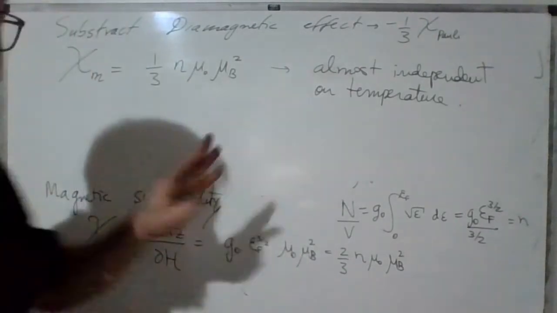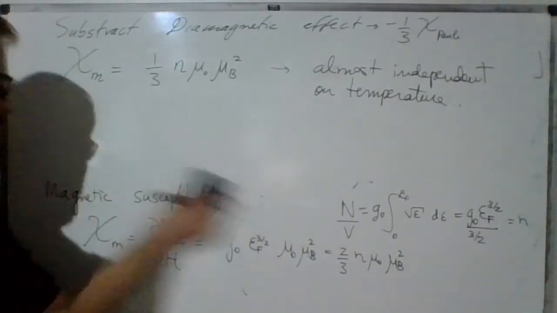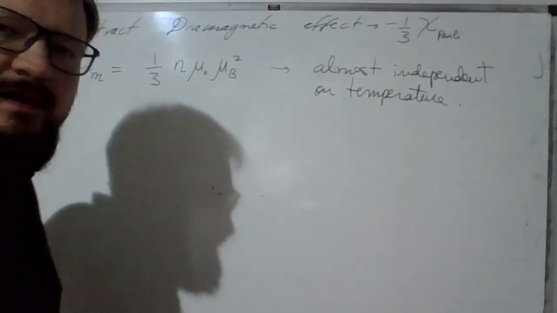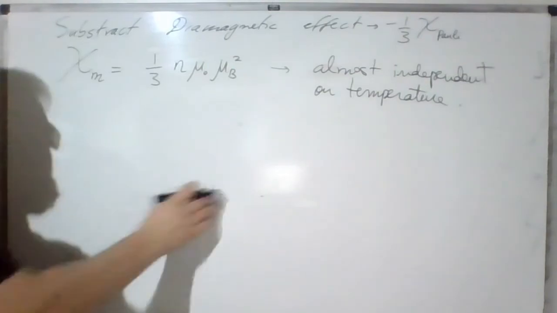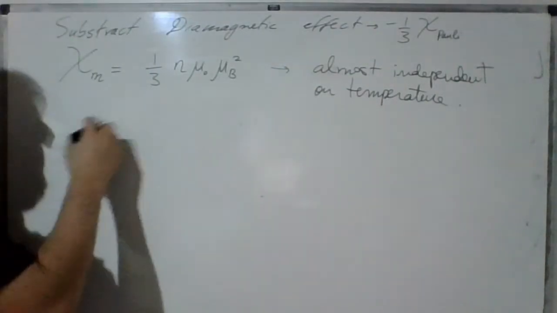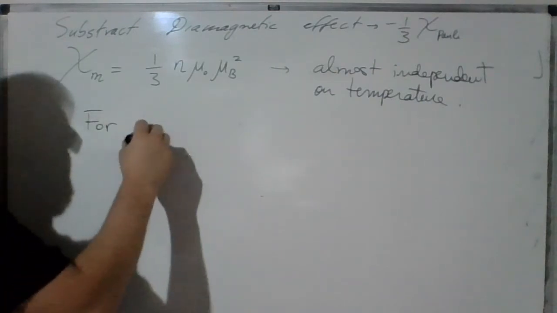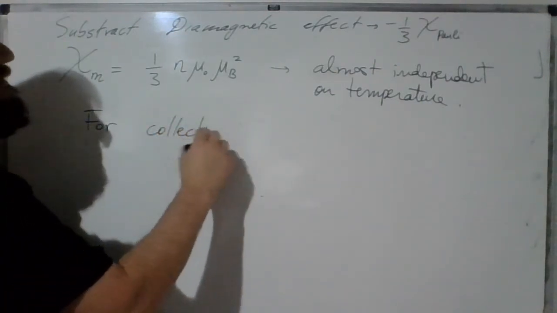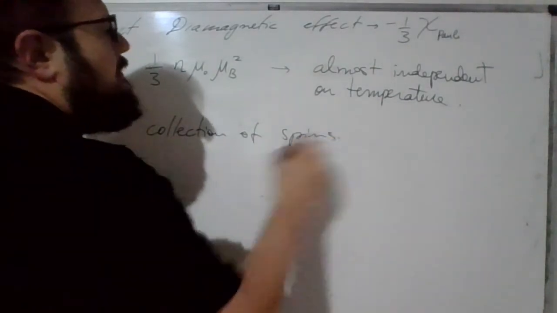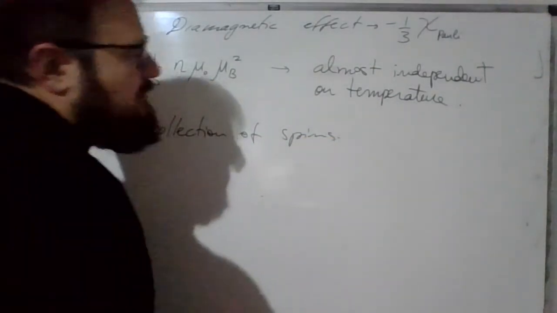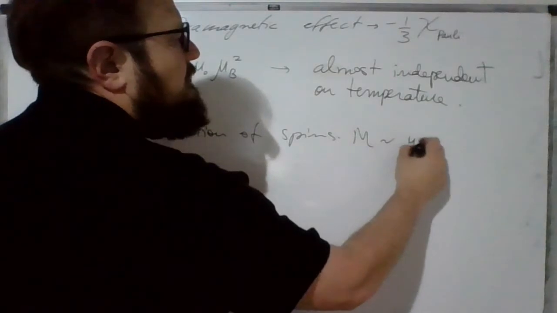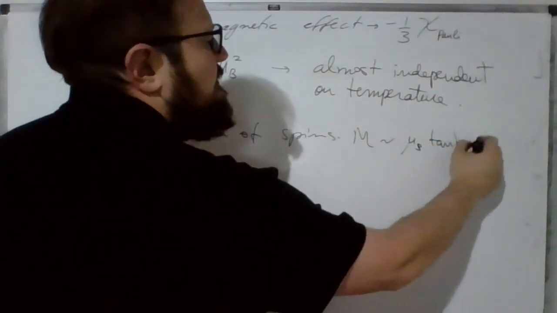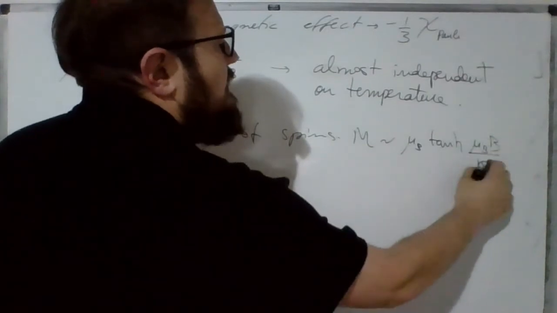When you calculate for a collection of spins, a two-level system, we found out in a previous lecture that the magnetization depends on Bohr magneton times the hyperbolic tangent of Bohr magneton times B divided by kBT.